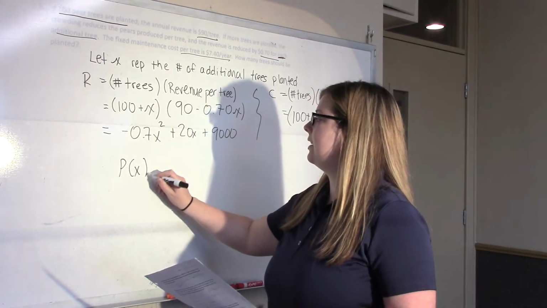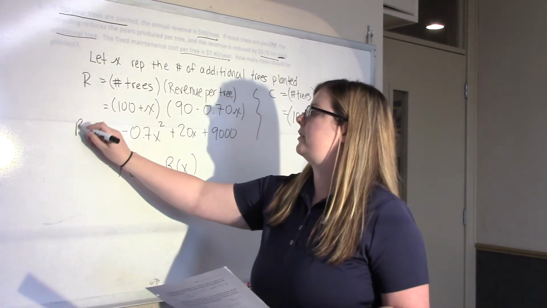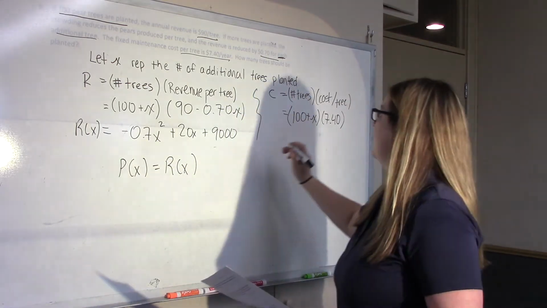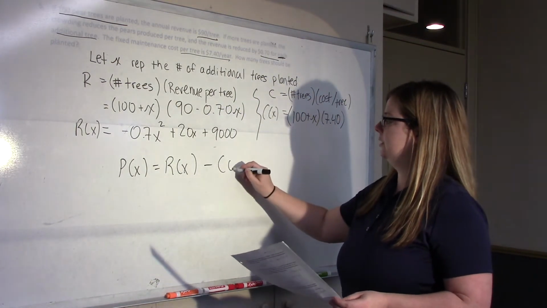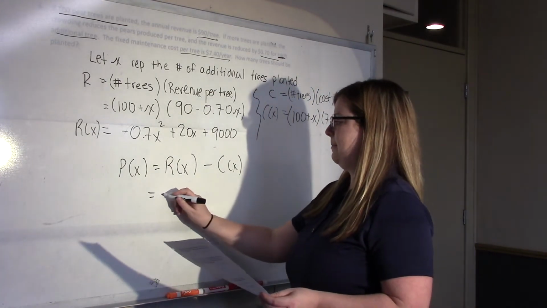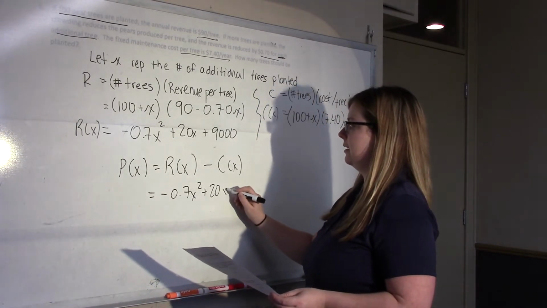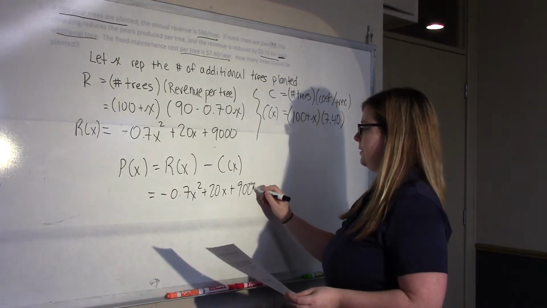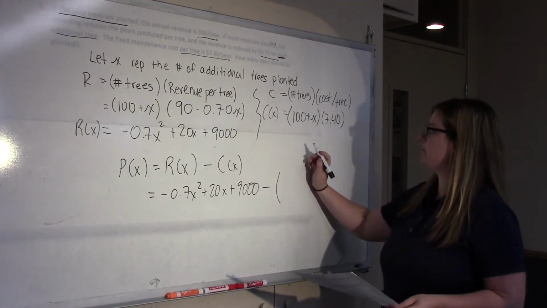Remember, our profit is just our revenue function, which is this here, minus our cost function, which is what this is. So we write our revenue function, minus 0.7x squared plus 20x plus 9,000. And we subtract this function, which I didn't simplify.